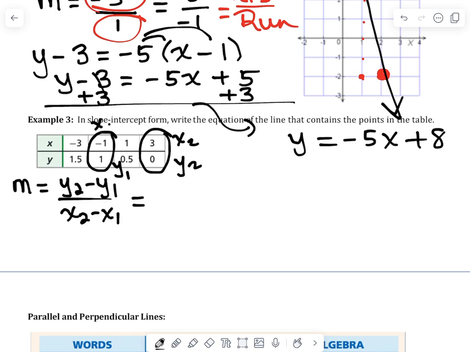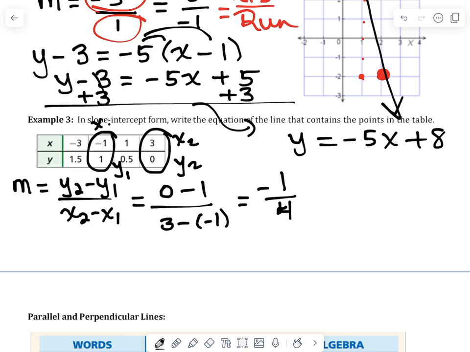When I substitute in y sub 2 minus y sub 1 over x sub 2 minus x sub 1, and then simplify it, the numerator is -1 and the denominator is +4. So this is our slope.